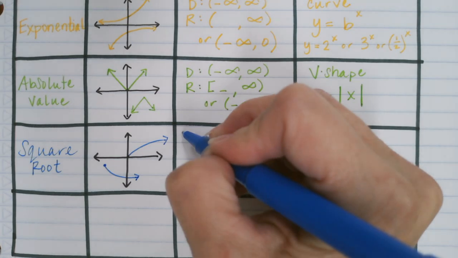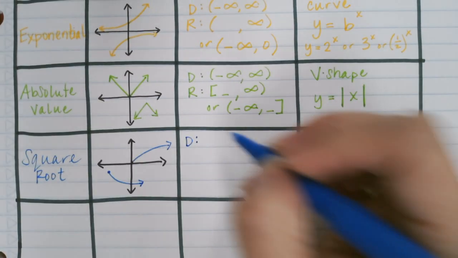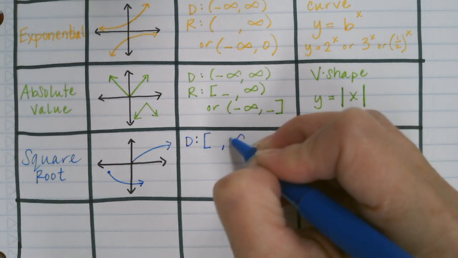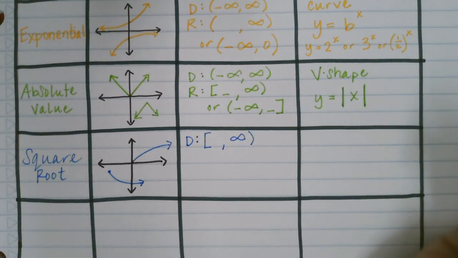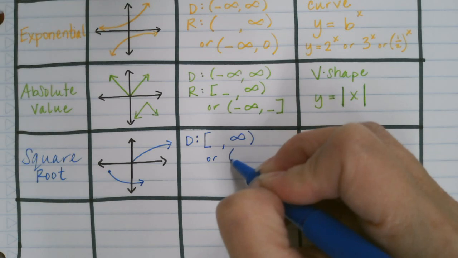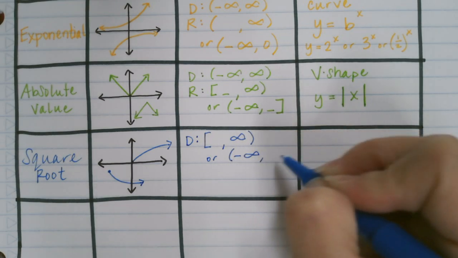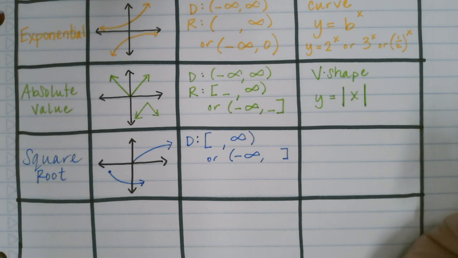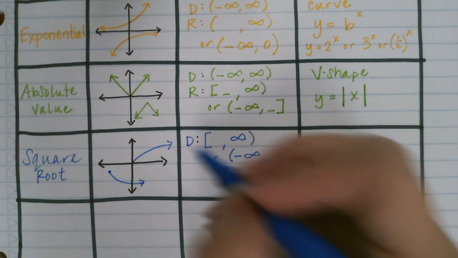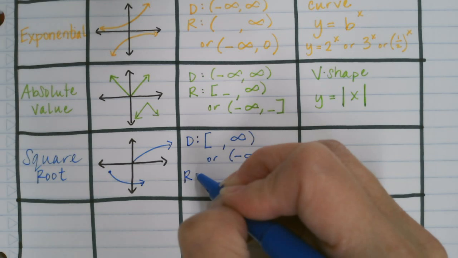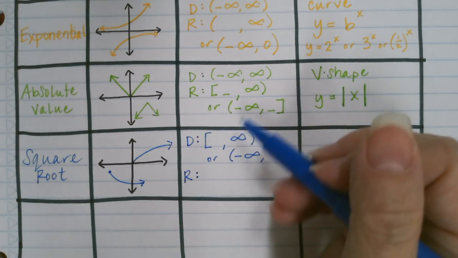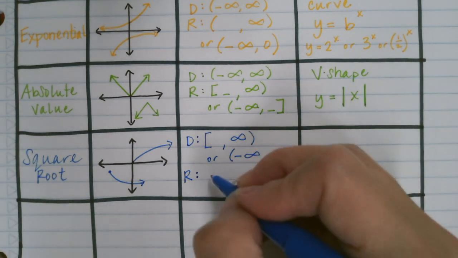So the domain is going to be more of a starting point, but then it goes on forever. Or it might come from the negative side and then stop. It could also do that. All right, the range is going to be almost exactly the same as the domain.